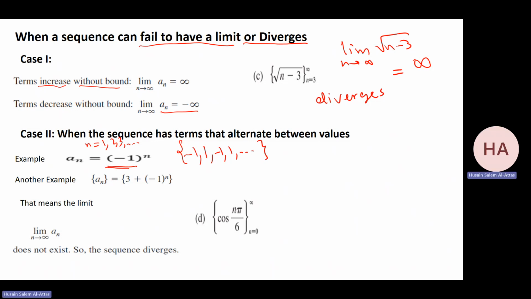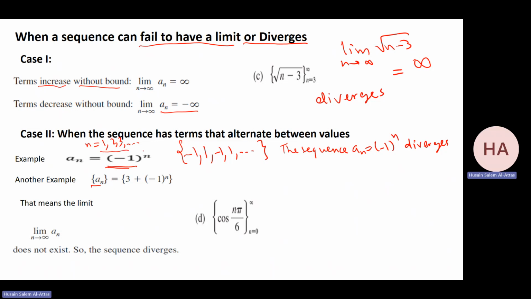So we say the sequence an diverges, because I don't know where it will stop. The same thing if you look at this one.